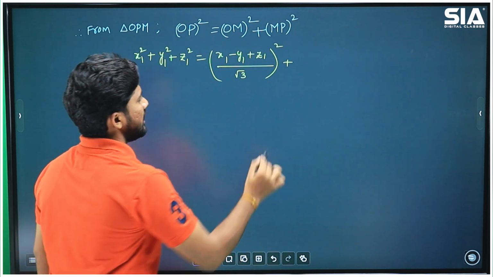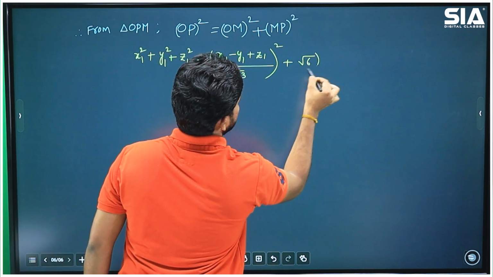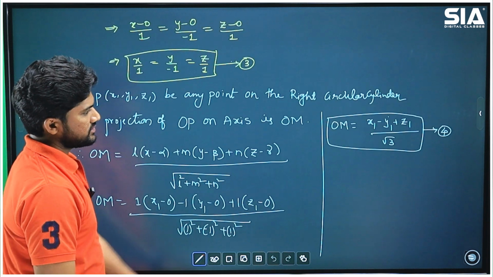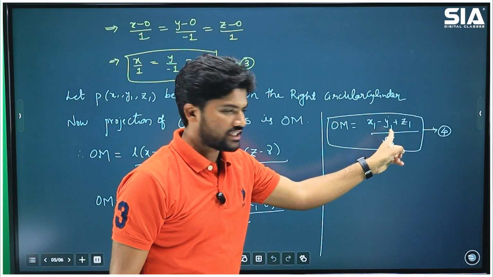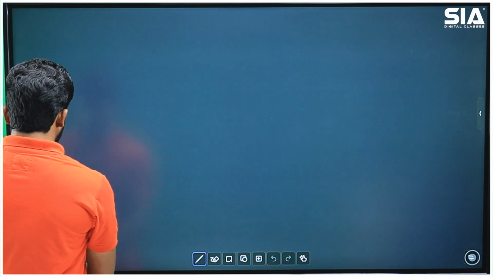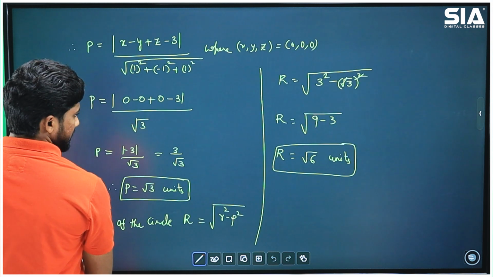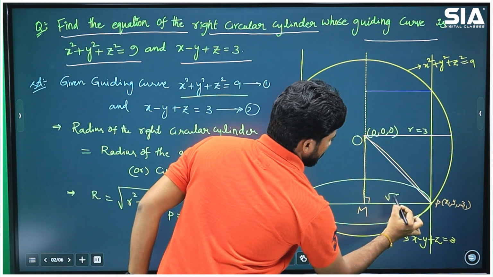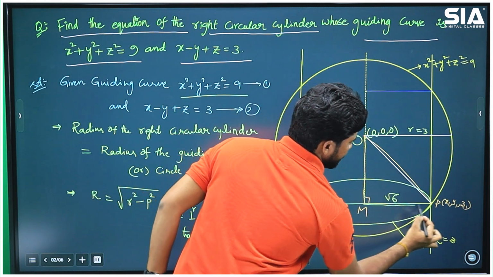What is the MP value? Root 6, the radius of the circle. I will show you. This is the OM value, (x1 minus y1 plus z1) by root 3, and previously you have that MP value. MP is nothing but root 6 units.